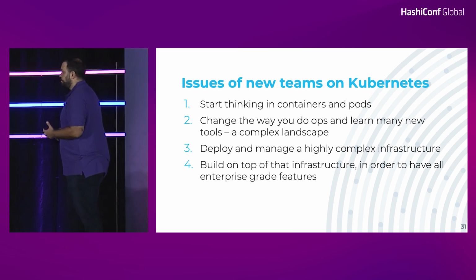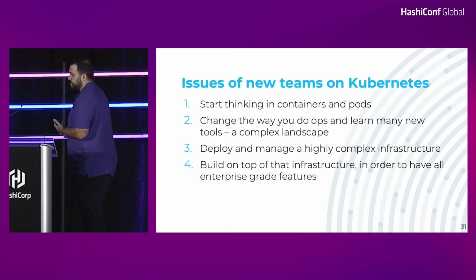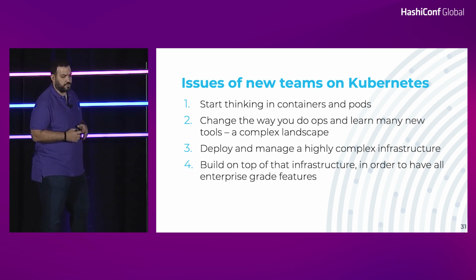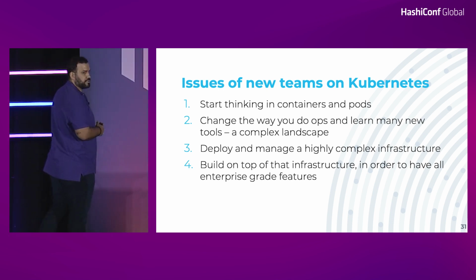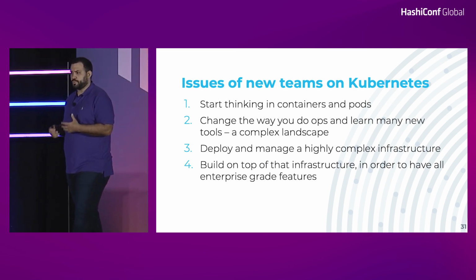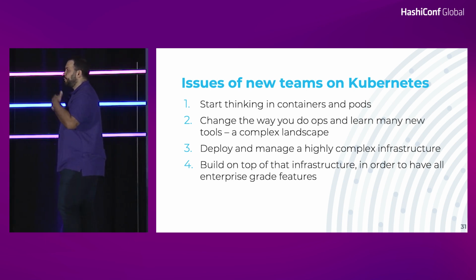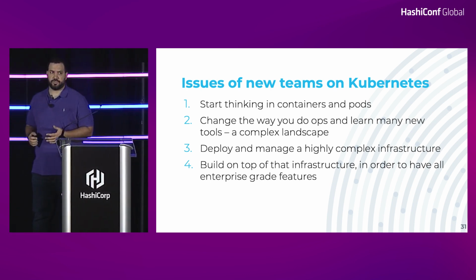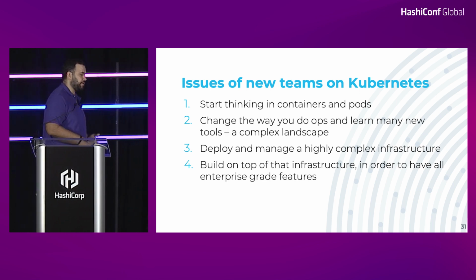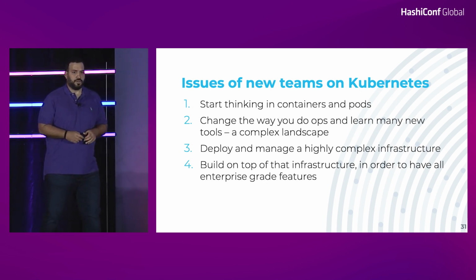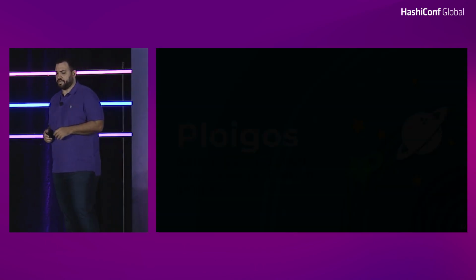We have to learn new tools. The Kubernetes landscape is pretty complex. And we also have to deploy and manage a highly complex infrastructure. And finally, when we deploy Kubernetes, we still have to build upon that to have enterprise-grade features, to have the right authentication, to integrate with enterprise authentication, have the right observability, service mesh, all the nice stuff we've been hearing.